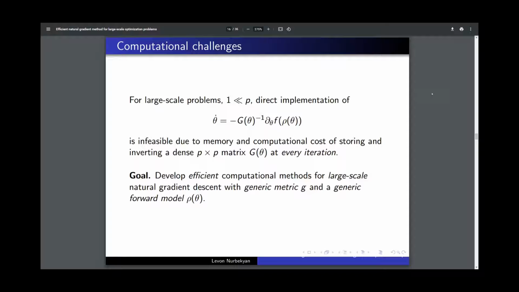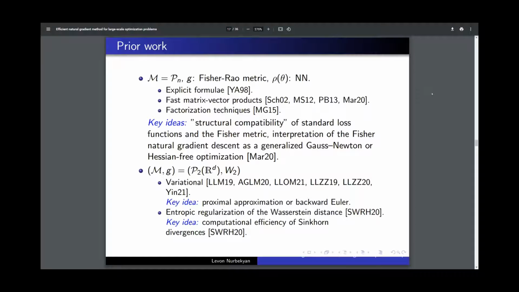And we want to come up with techniques, or a framework, which is in some sense agnostic to the choice of the metric on this manifold, and our forward model is more generic. The reason I'm saying that is that there was prior work where people were using the problem at hand, somehow the structural compatibility of the loss function and so on, to come up with an efficient way of solving this.